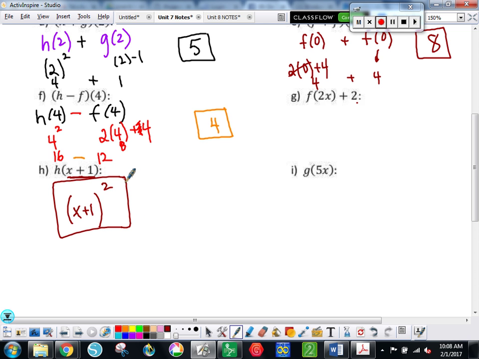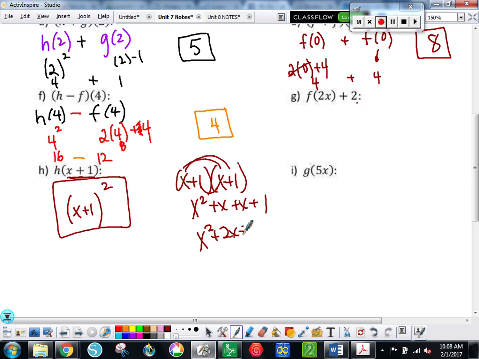You don't have to expand it. If you were to expand it, you would need to go like this and then multiply it out. I don't care how you leave it. You're less likely to make a mistake if you leave it.